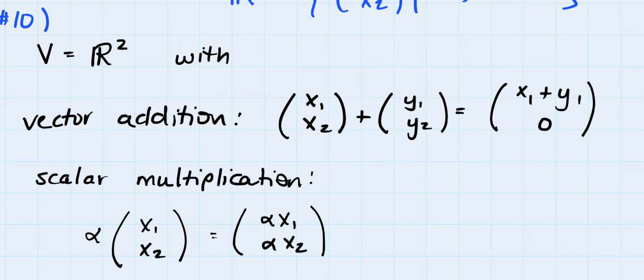So let's see. Obviously, if we put these in reverse order, we're going to get y1 plus x1, 0, which could be other things as well. I think the easiest thing to show here, at least in my opinion, is that it doesn't satisfy that we have a 0 vector.